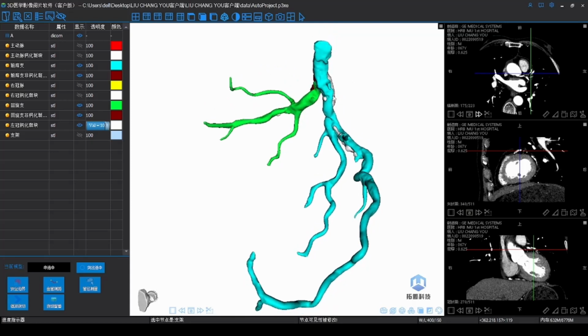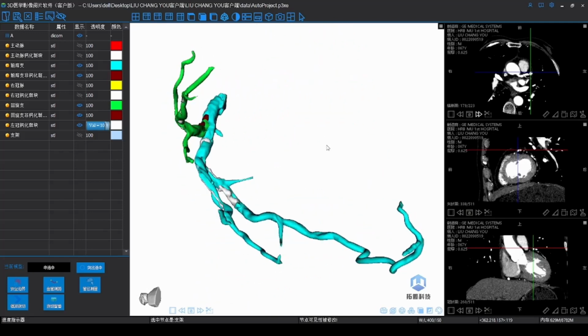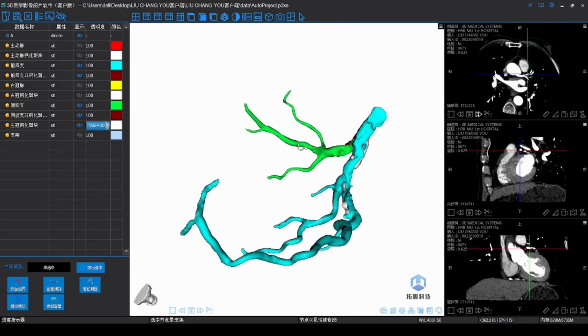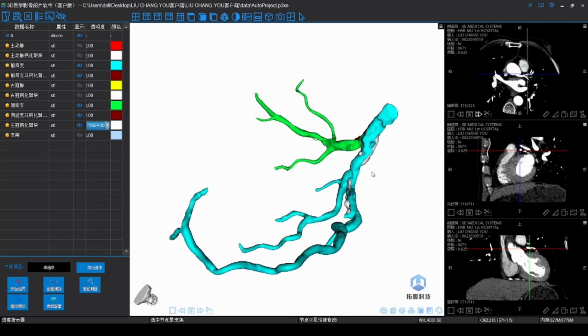We see in the proximal, almost the ostium of the LAD, there's a calcified plaque surrounding the LAD, which is more than 270 degrees. These calcified plaques will influence the stent expansion exactly.